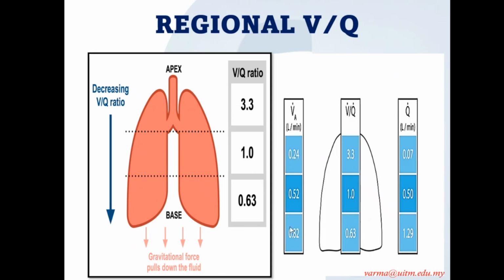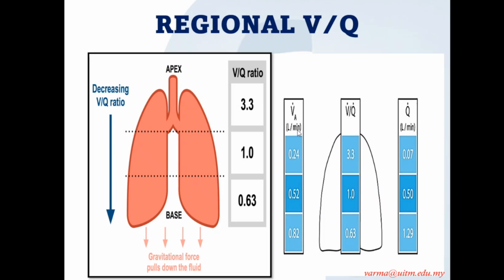Whereas at your base, the ventilation is increased as well, from 0.24 to 0.82, but the perfusion has increased tremendously from 0.07 to 1.29. Thus, it causes a reduction in VQ. So there is inequality in regional perfusion and ventilation in the lung.